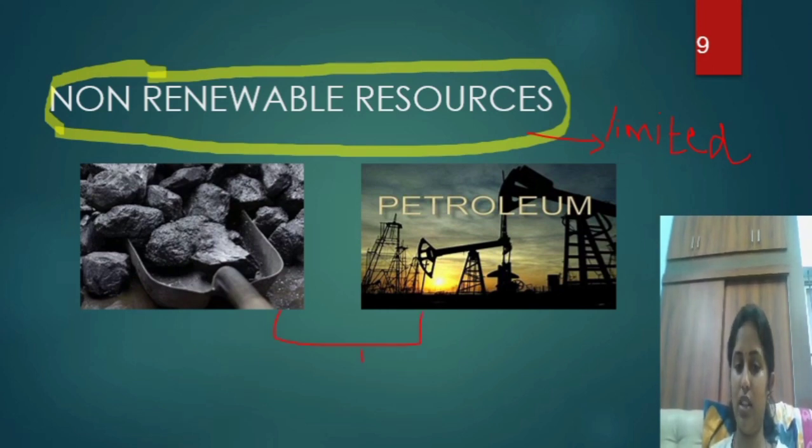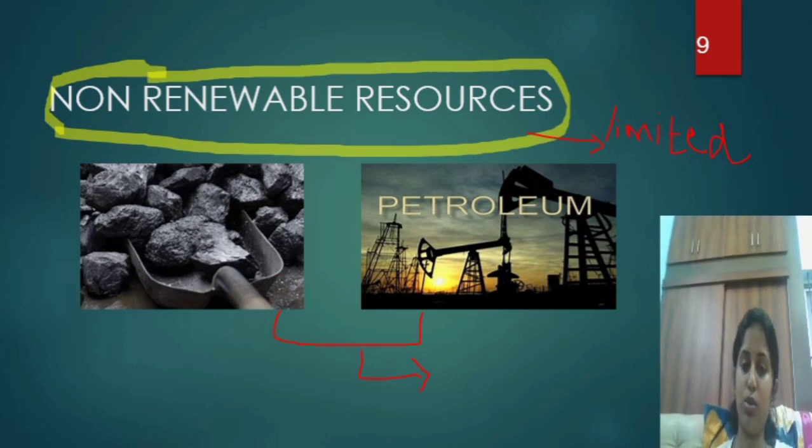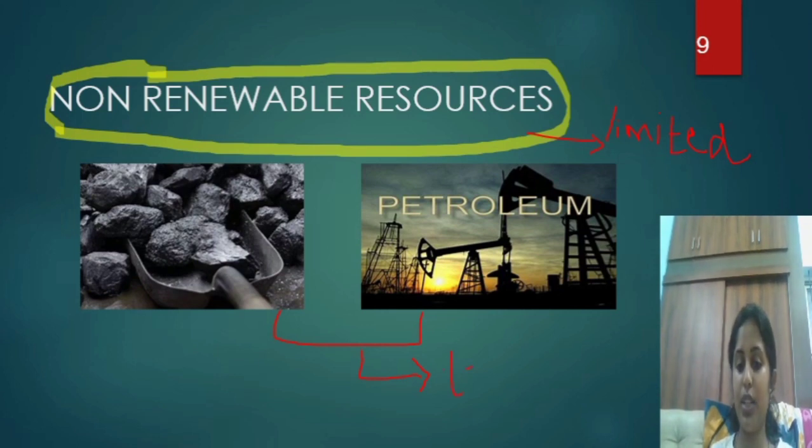The next thing is they do exhaust. After some time you may require thousands of years to replenish them. That means to bring it back, to use it again, our generation will not get it, but our next generations may get it, because it takes thousands of years for it to be formed again. That is what non-renewable resources are.